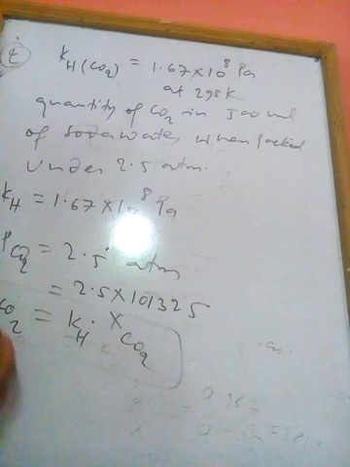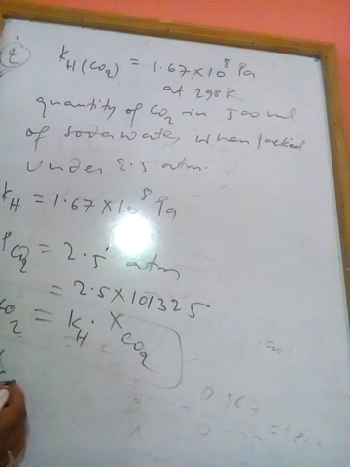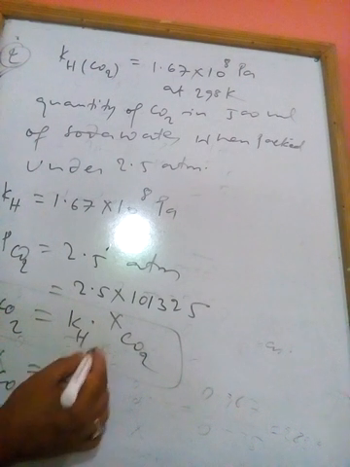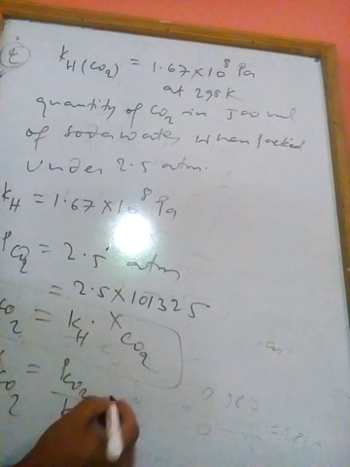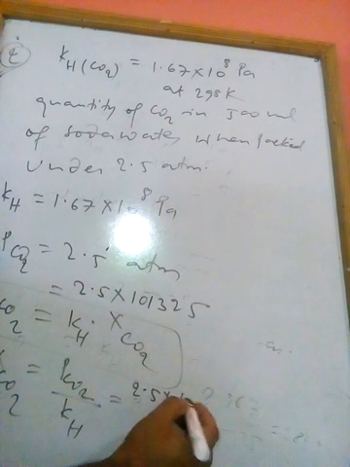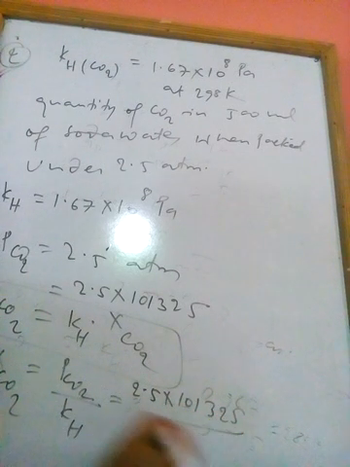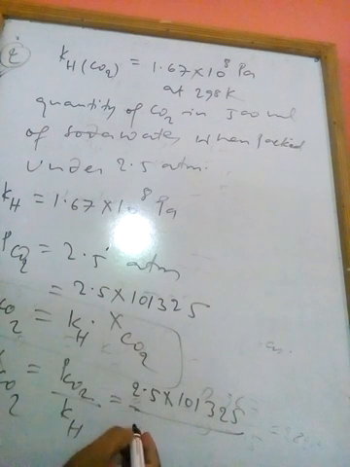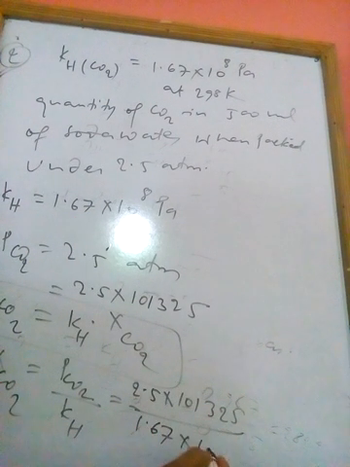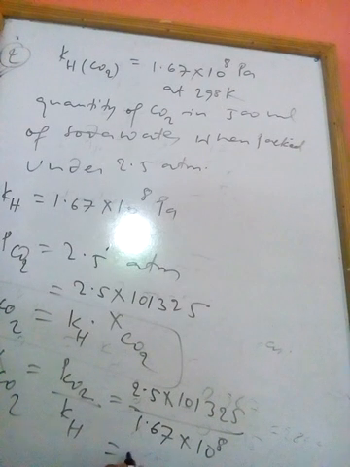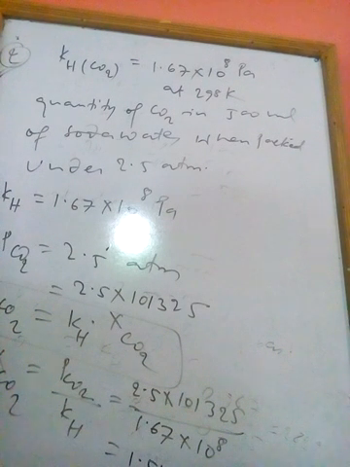So mole fraction of CO2 is equal to P of CO2 by KH, that is 2.5 into 101325 by 1.67 into 10 to the power 8 Pascal. So it becomes 1.517 into 10 to the power minus 3.